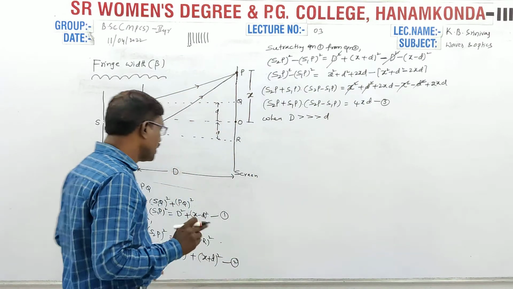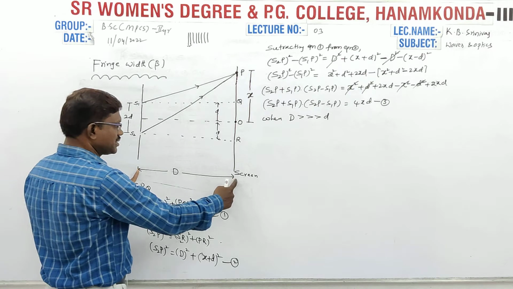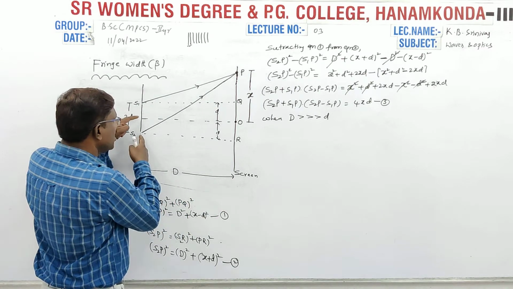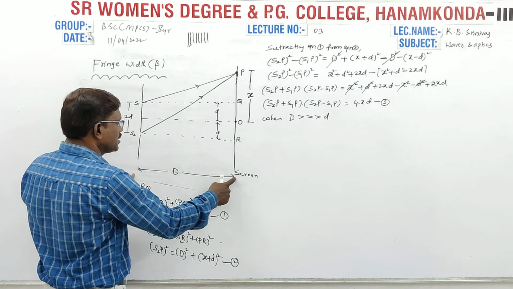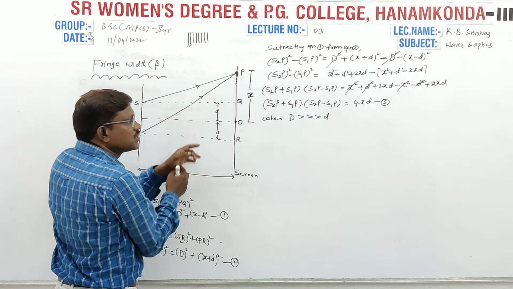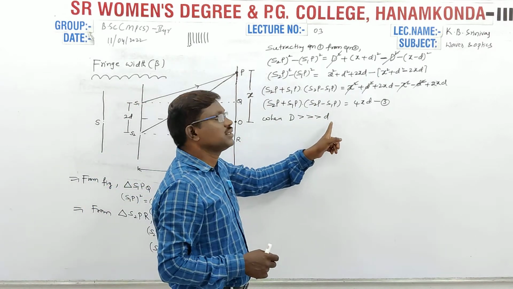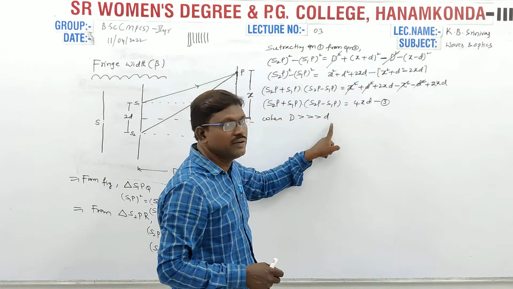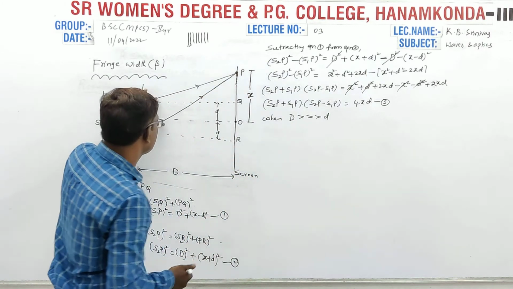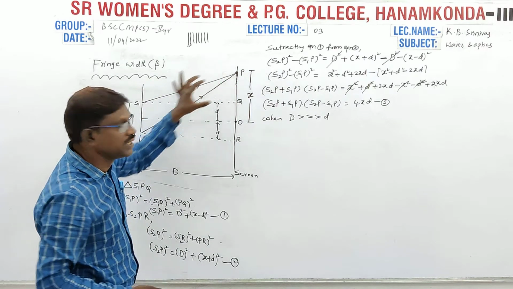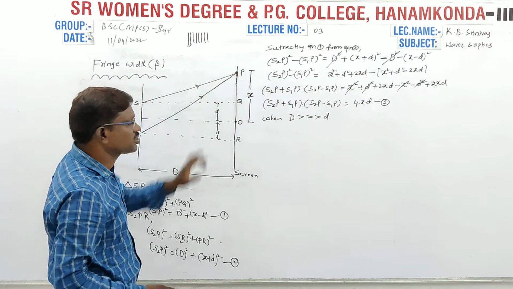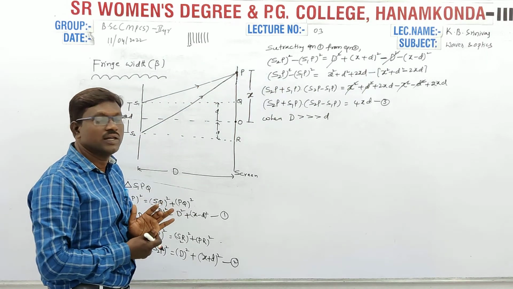If you compare the capital D distance with the small d distance, capital D is very large when compared to small d. In such a case, these two light rays travel equal distances. That means S2P is equal to S1P.